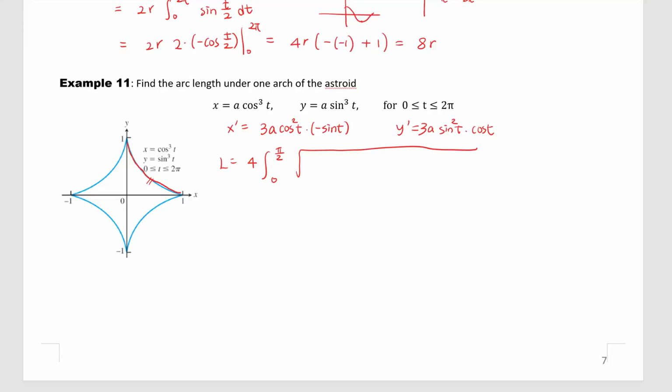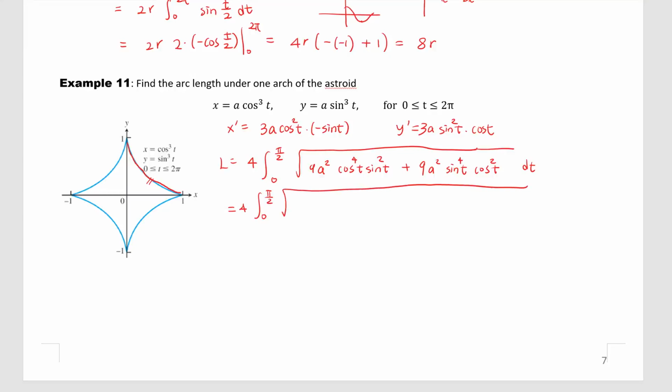Okay, x prime squared. So we have 3 squared, which is 9, and a squared, and then we have cosine to the 4th times sine squared. Y prime squared is 9, a squared, sine to the 4th, and cosine squared. Can you see there is some common factor here?